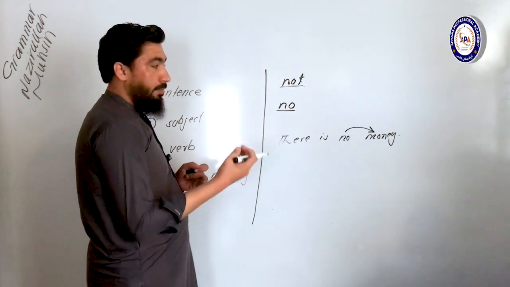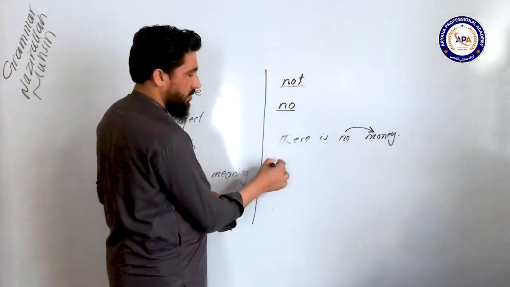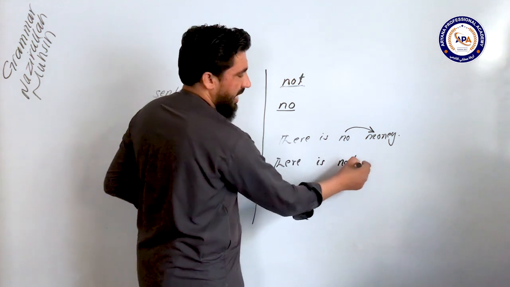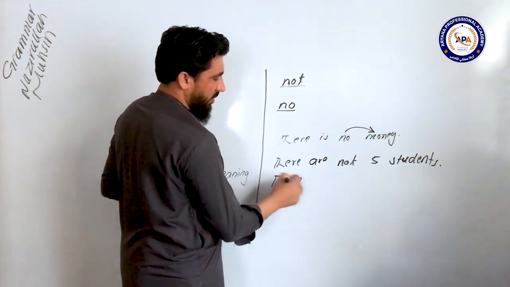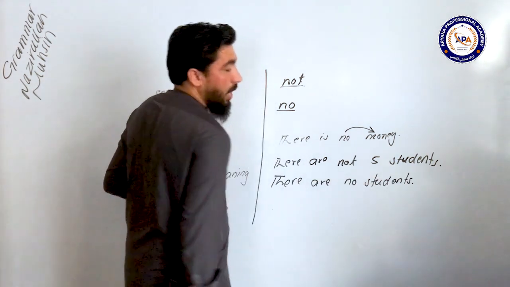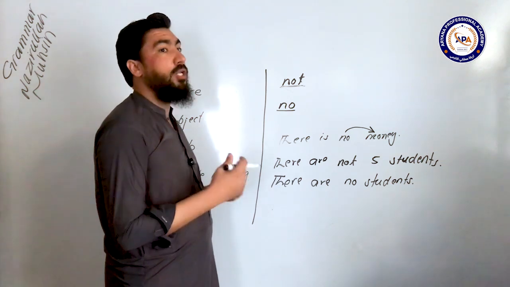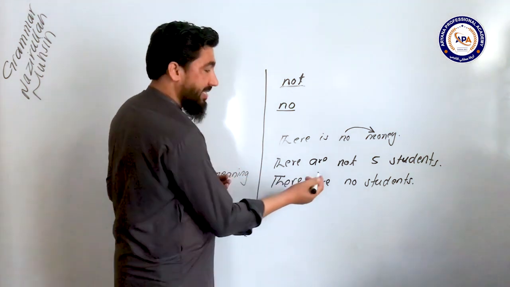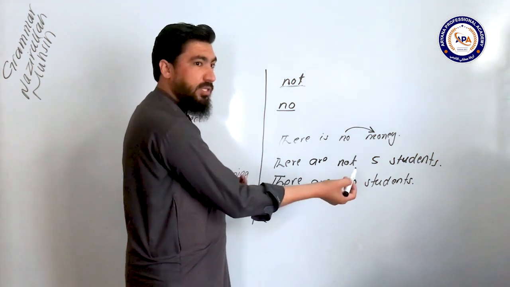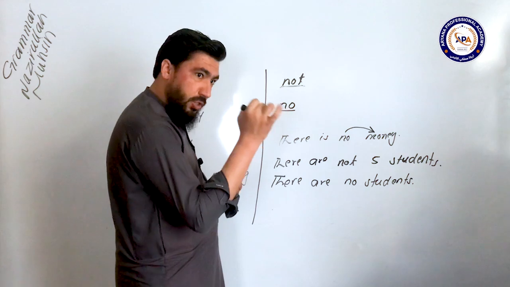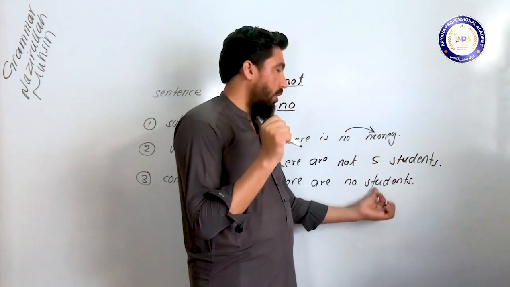But in other cases, in these two sentences, you cannot use them interchangeably. They are not used instead of each other because they have different meanings here. Like if you say "there are no 5 students," that is wrong. "No" is used when there is none of the students. Then you can use "no."